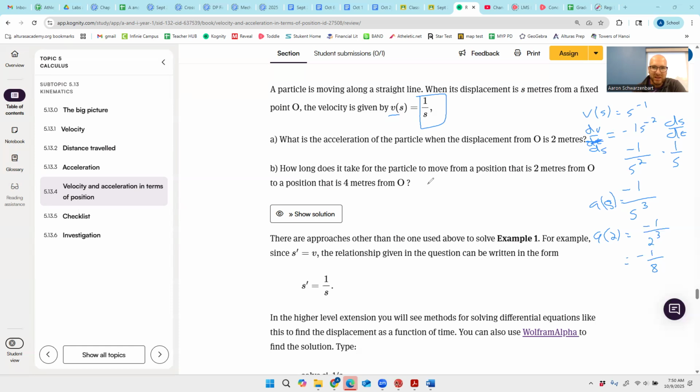I'm looking for a time, so that I can think of as dt ds, which is 1 over the velocity function, which means reciprocal, so that's just s.